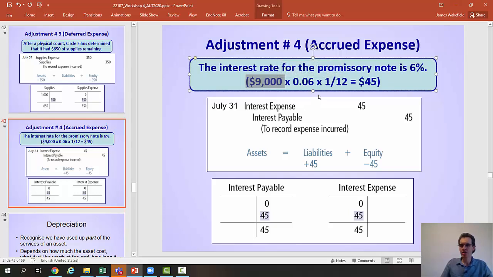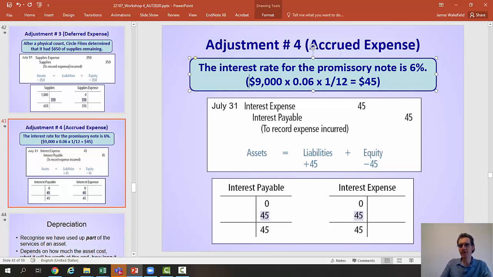This video camera was purchased a month prior to the financial period end, so on the 1st of July. So if the end of the financial period is July 31, we have incurred a month's worth of interest expense that we have yet to repay. So the lender has not required us to pay any cash for interest at this stage by the time we reach the end of the month.